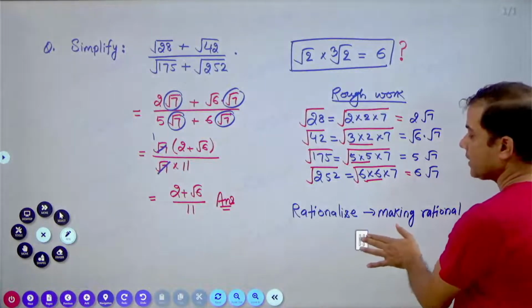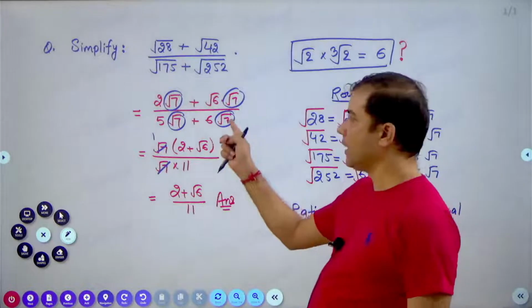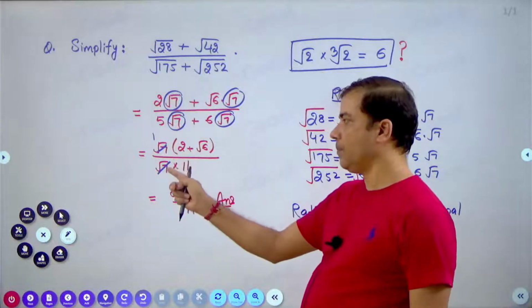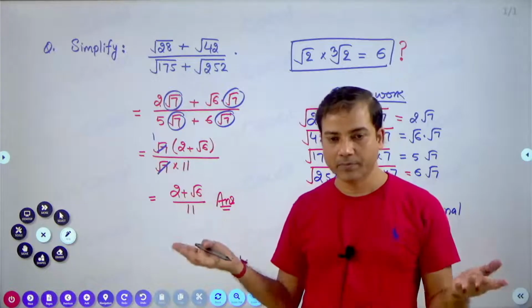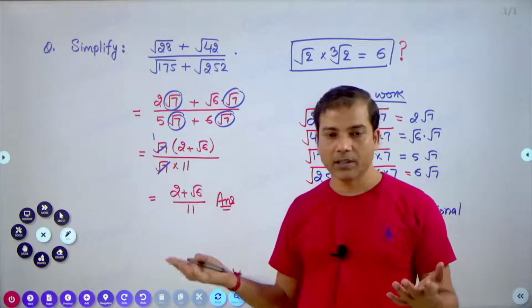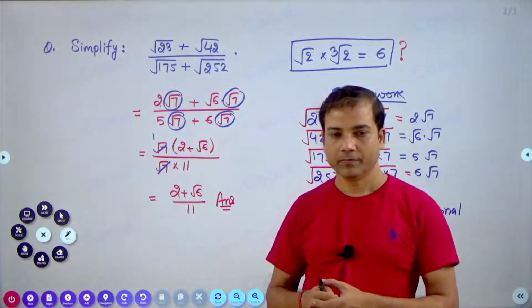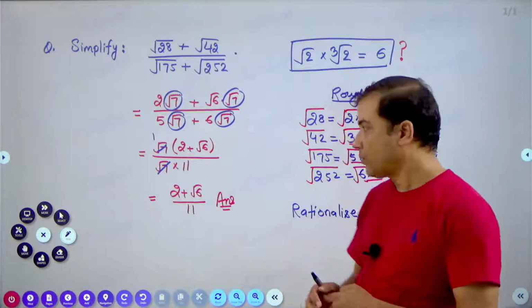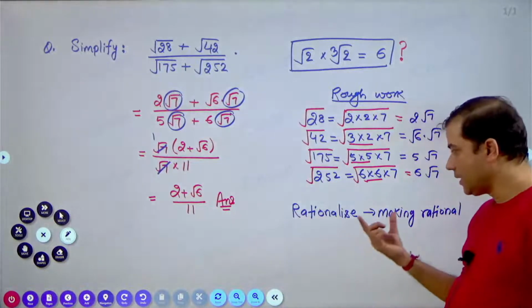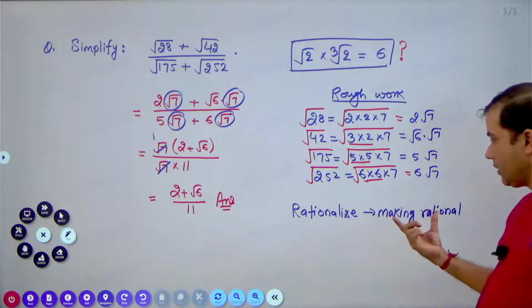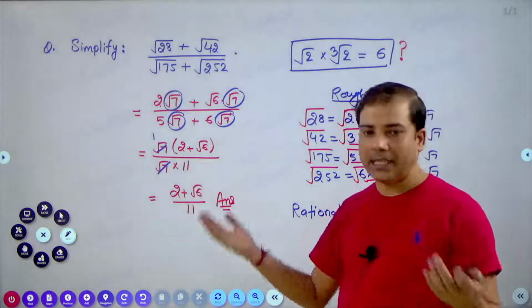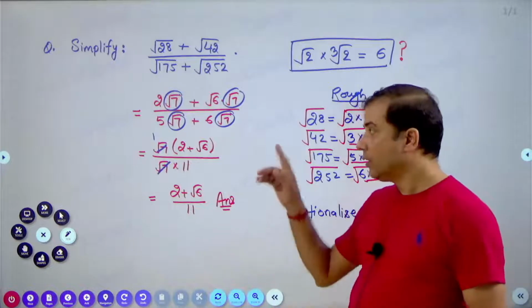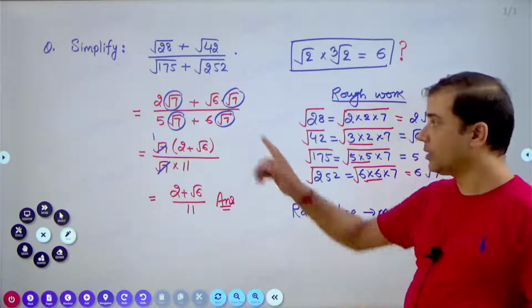I cancelled out root 7 from them. Only 11 is remaining in the denominator, so it is already rational. Our motive is to rationalize the denominator, making the denominator rational. So make it this way or make it that way, your choice. Choose the best way, and this is the best way.